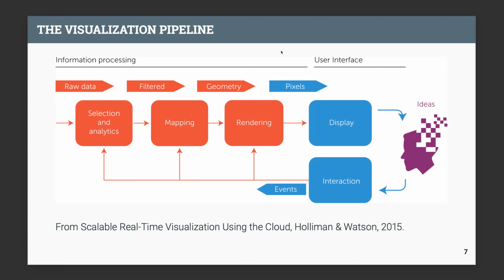And from that, either you are satisfied with your figure, or you will interact with the figure. You can change the scale, you can change a lot of stuff. And then you will go back to either the selection, mapping, or rendering, and you will iterate until you get the final figure.